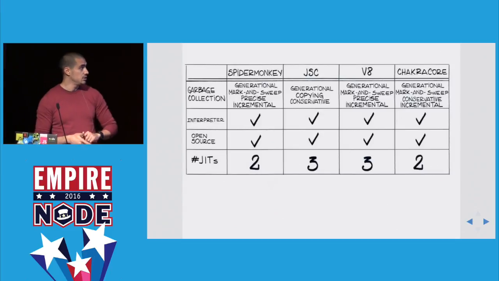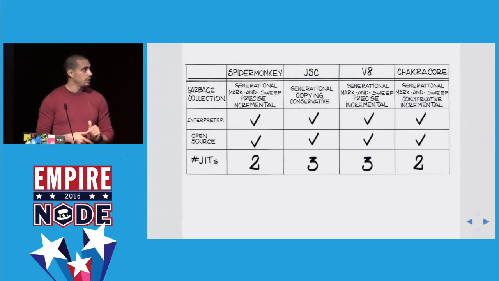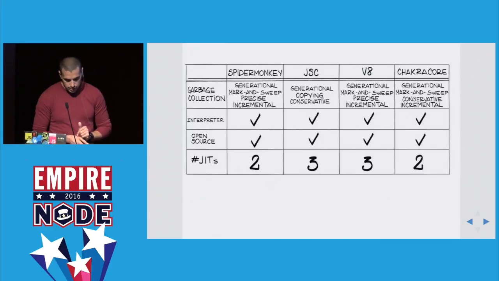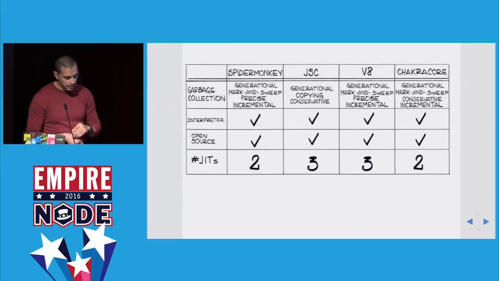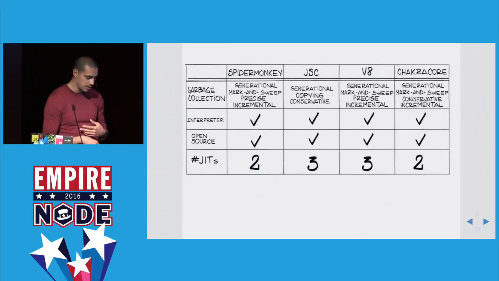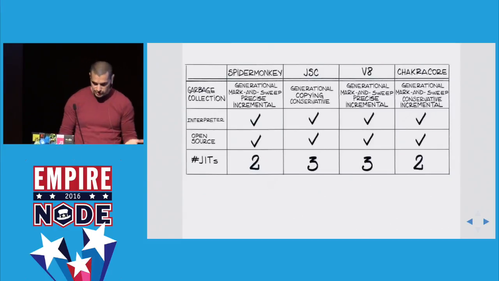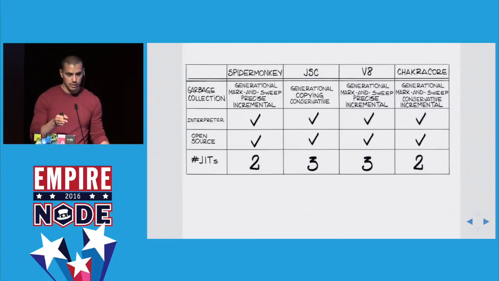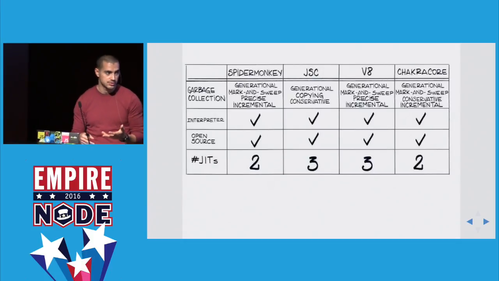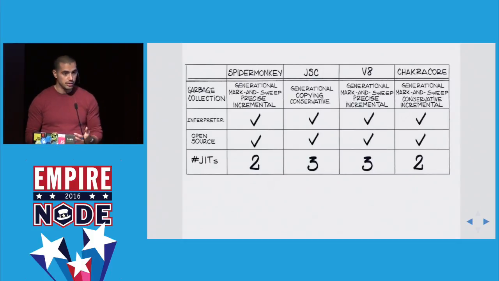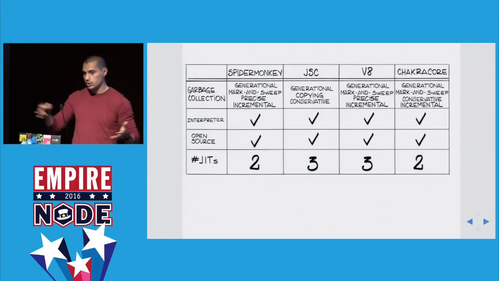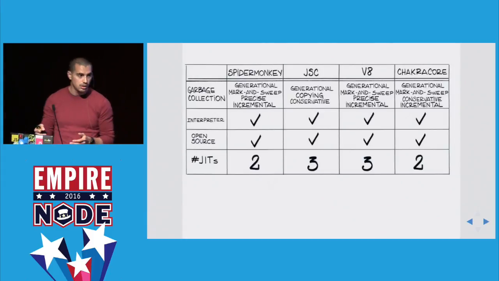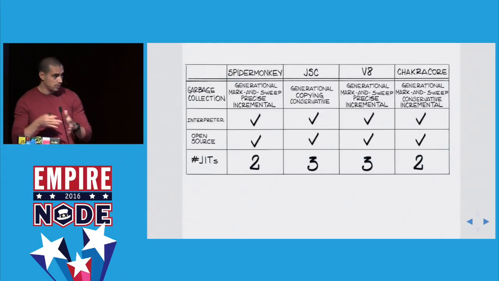Under this strategy, the new objects will be created in a nursery space, and long-lived objects are promoted to a tenured space. Incremental GCs will interleave their work with the work from the main program, in theory producing shorter pauses. On the contrary, a stop-the-world strategy will halt the execution of the main program until a full collection of the heap is done. And that's generally on the order of the heap size.